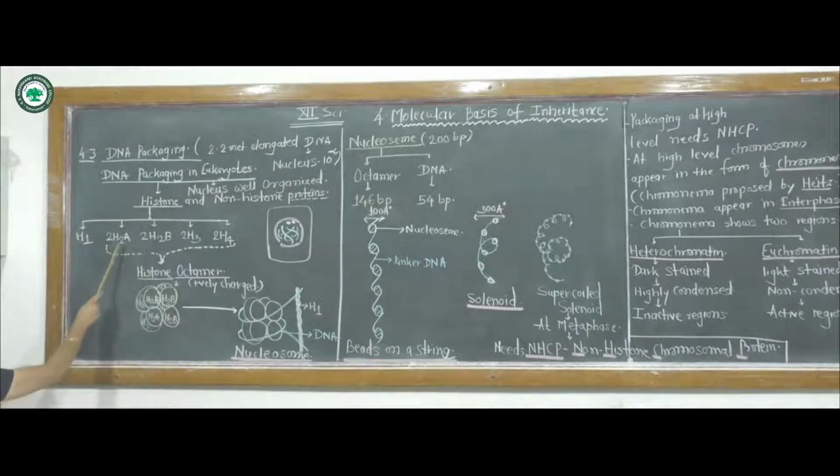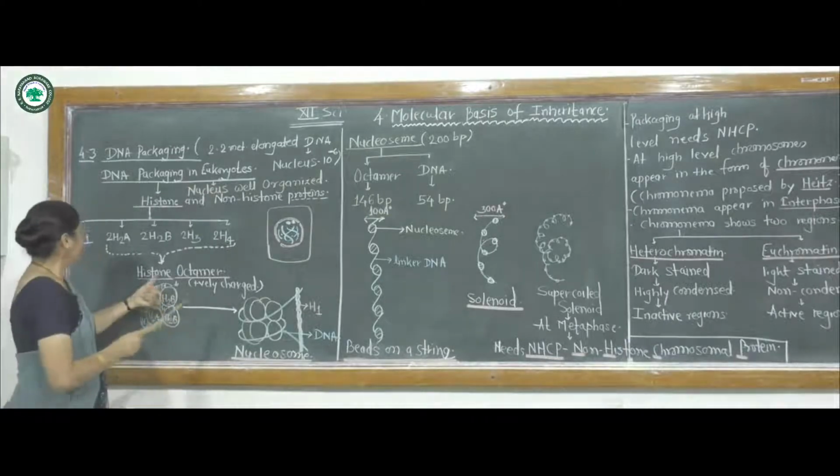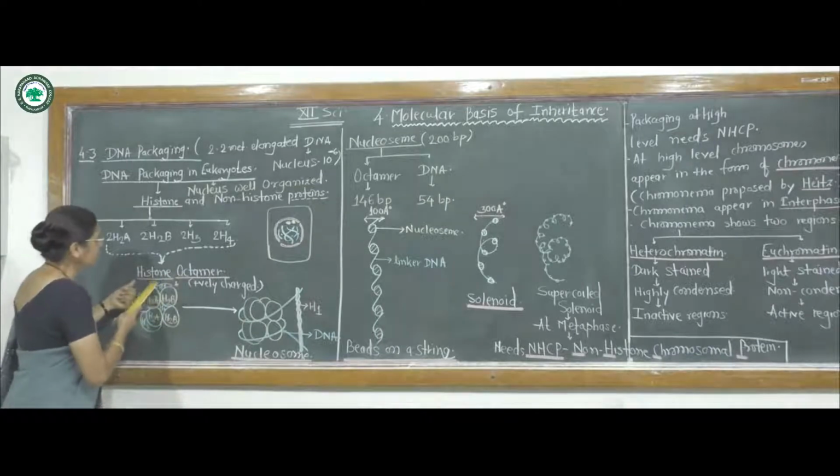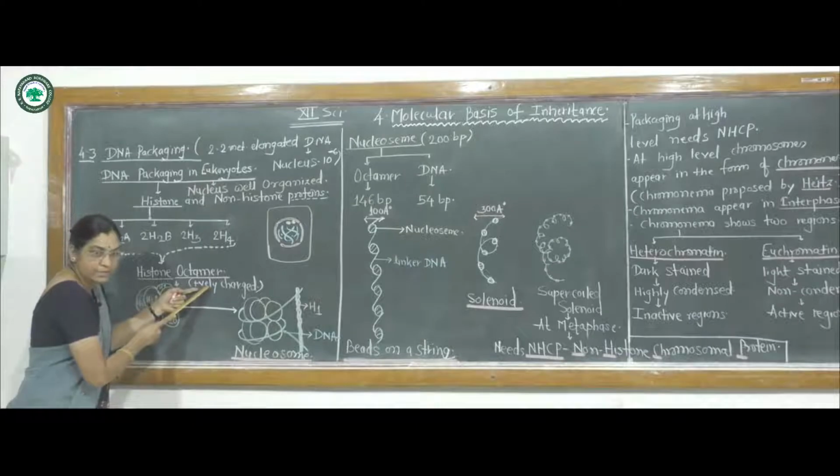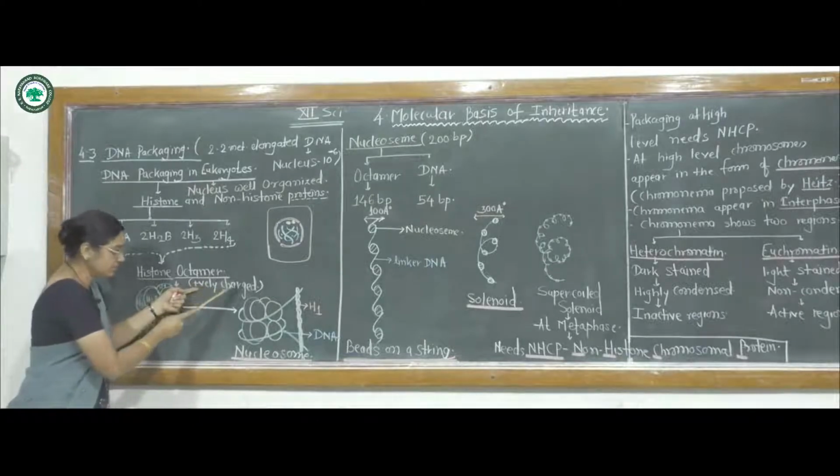So in the histone octamer, totally 8 molecules of histones are present: 2 molecules of H2A, 2 molecules of H2B, 2 molecules of H3 and 2 molecules of H4. So we can clearly understand the histone octamer, which is a positively charged unit.